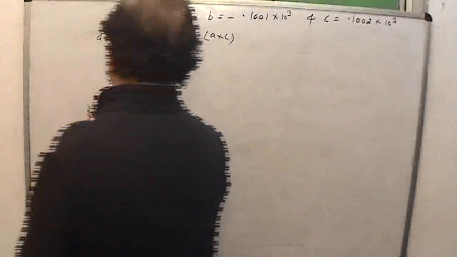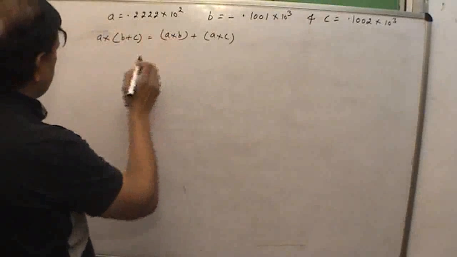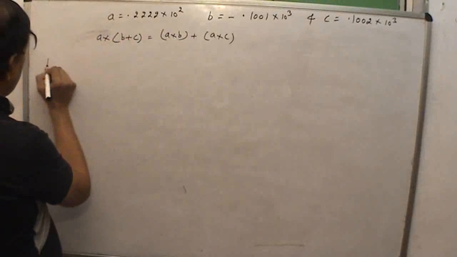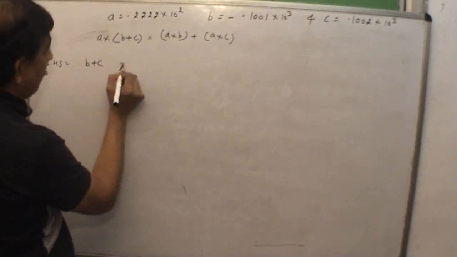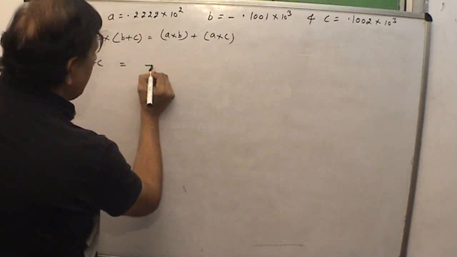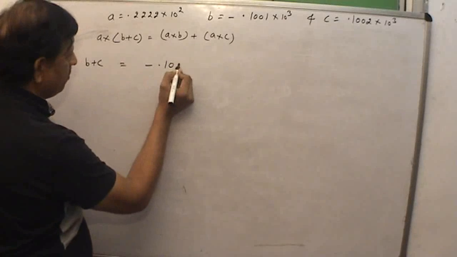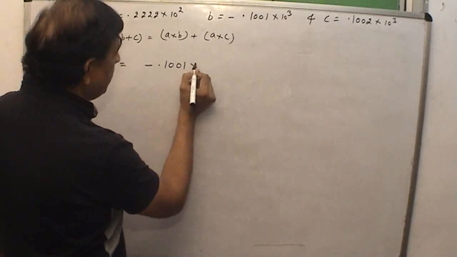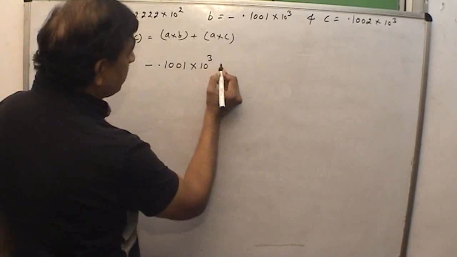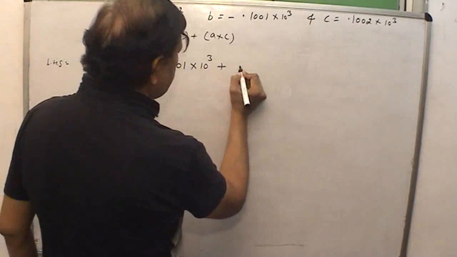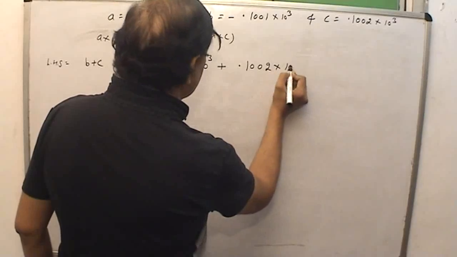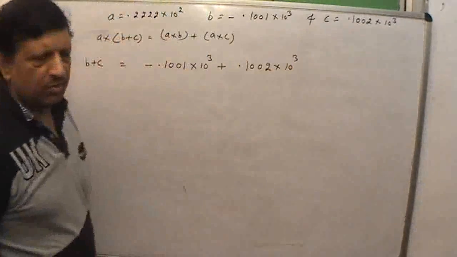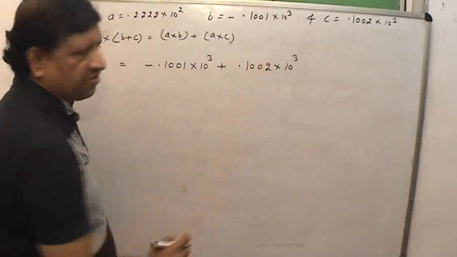Like this, let us say A is equal to this. First we take left hand side, that is equal to B plus C. B, it is minus 0.1001 into 10 raised to the power 3 plus 0.1002 into 10 raised to the power 3. We see both exponents are same.